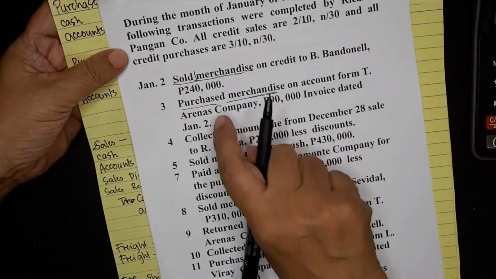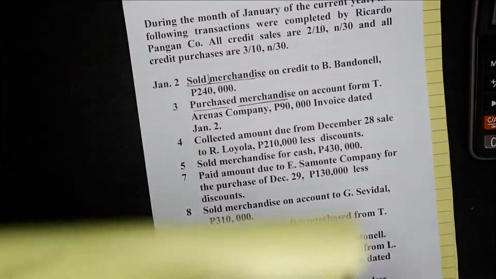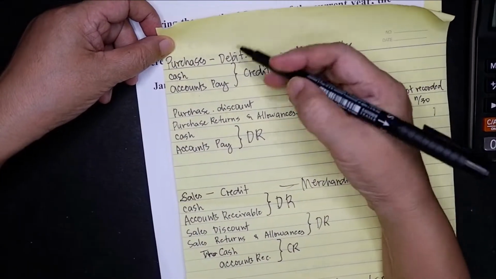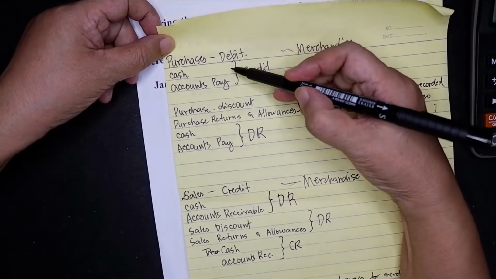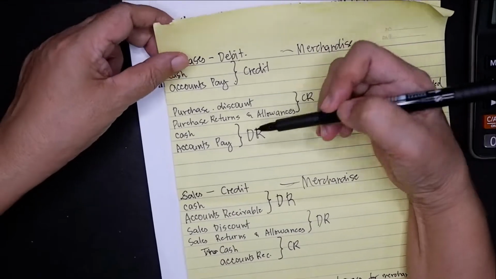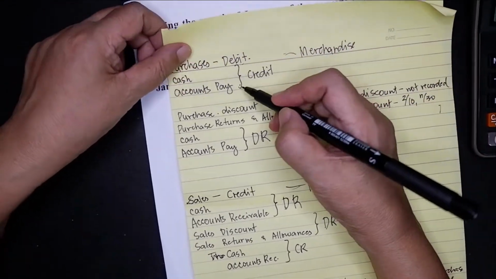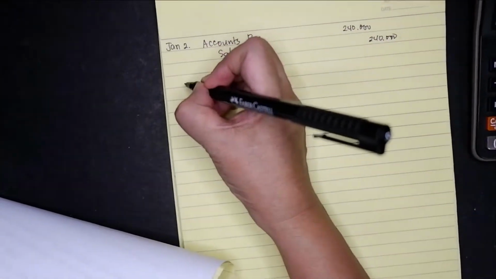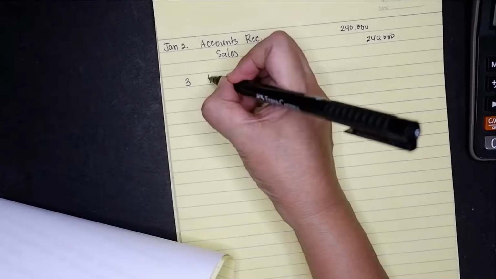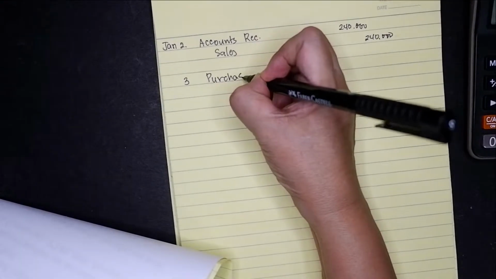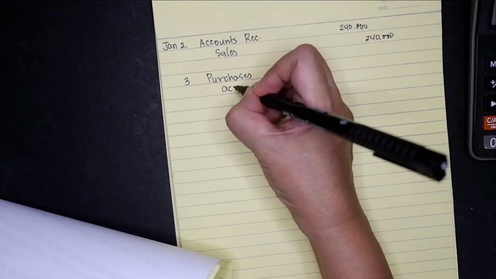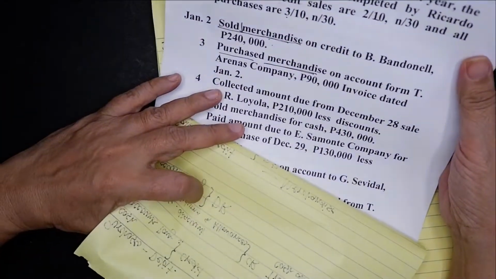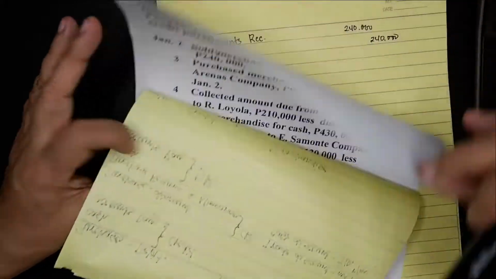So purchases: again, our guide, purchases is on the debit side, and the credit side is either cash or accounts payable. Since it is on credit, it means it is accounts payable. So our entry for January 3, debit purchases and credit accounts payable, 90,000.